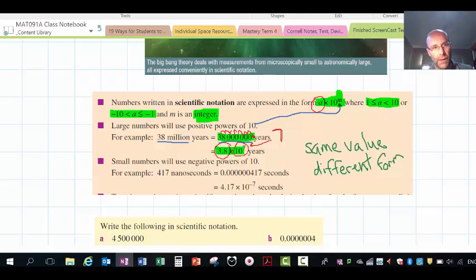Small numbers, we follow the same thing. 417 nanoseconds is that many seconds. And nano means times 10 to the negative 9, 1 billionth. So if we follow that same process, we need to remember it to be in the form A times 10 to the m, where A is between 1 and 10.